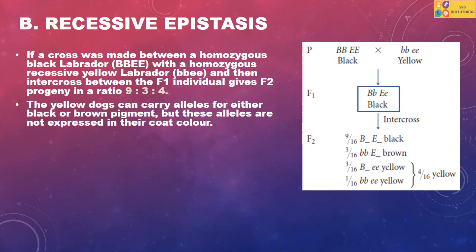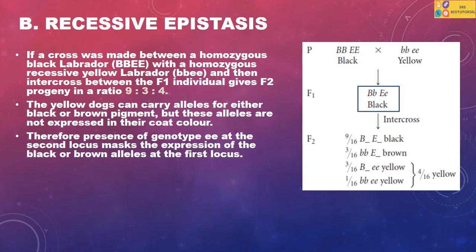The yellow dogs can carry alleles for either black or brown pigment, but these alleles are not expressed in their coat color. Therefore, the presence of genotype small e small e at the second locus masks the expression of the black or brown allele at the first locus.